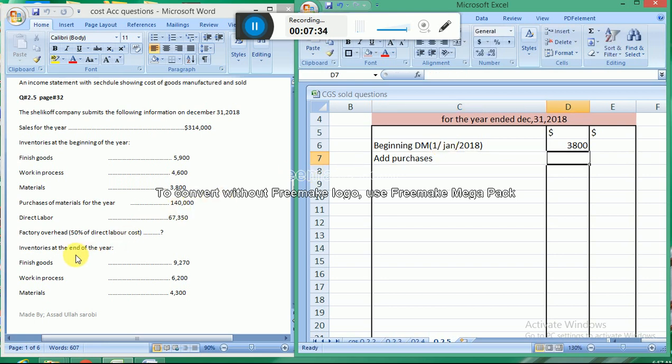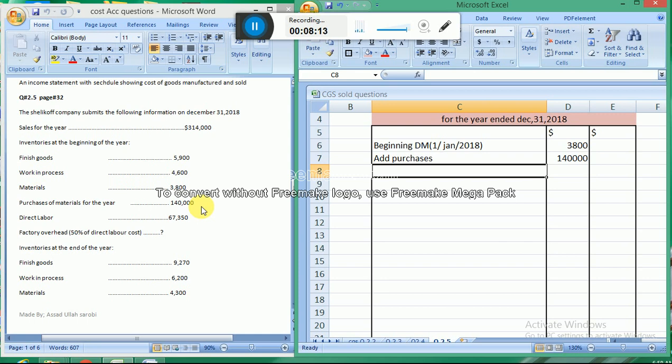In the question, purchases of direct material for the year is how much? That is $1,40,000. Look, there is also a chance that sometimes the company purchases direct materials but, due to some reasons, returns those purchases.